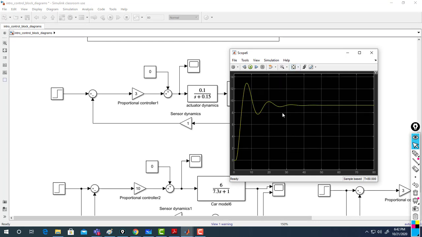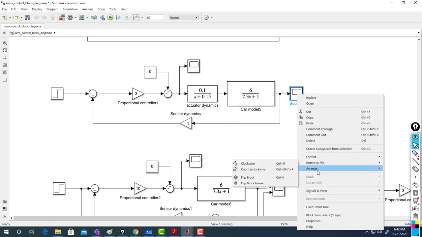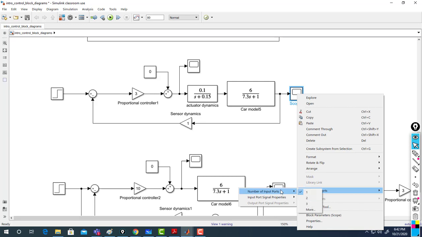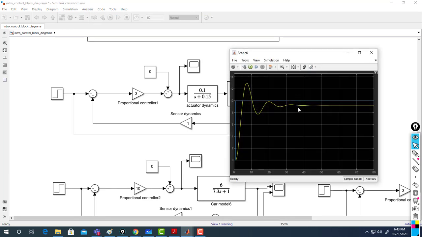Did you notice that? That's right, my steady state error decreases, but the oscillation also increases. So the steady state error is less, but I have more oscillation.